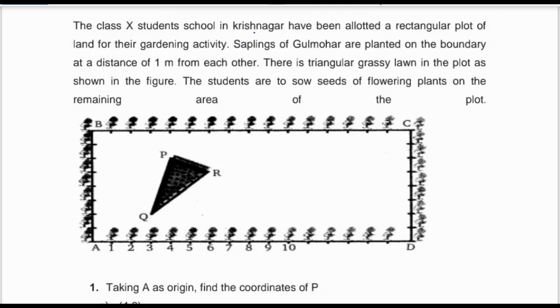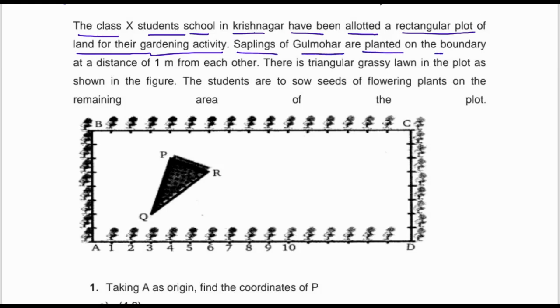So the next question, the case study, is: the class 10 students in Krishnagar have been allotted a rectangular plot of land for their gardening activity. Saplings of Gulmohar are planted on a boundary at the distance of 1 meter from each other. So here these are the ones which have 1 meter distance.